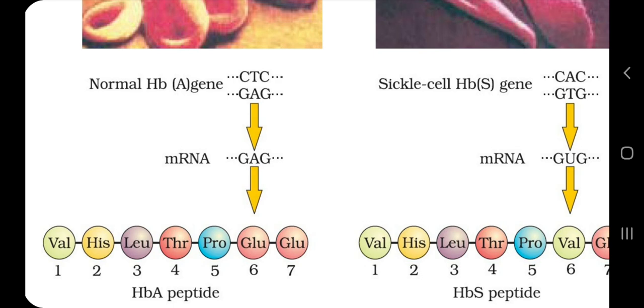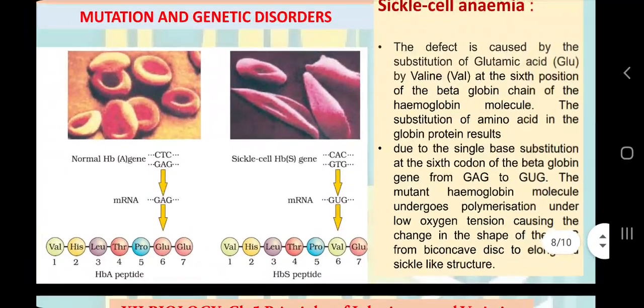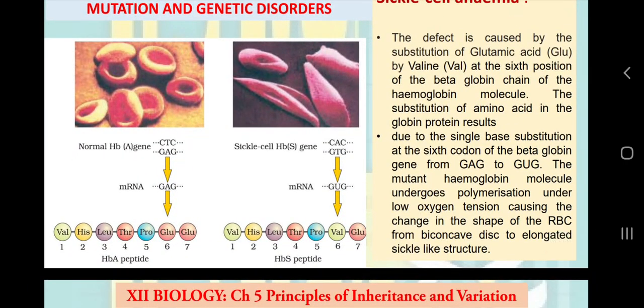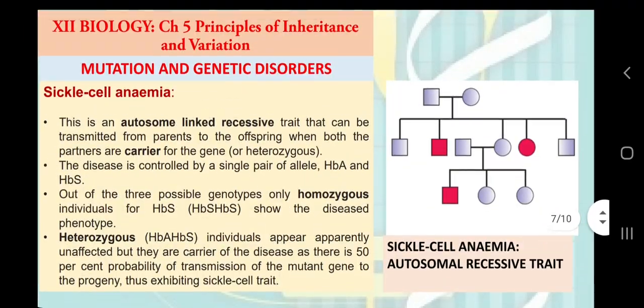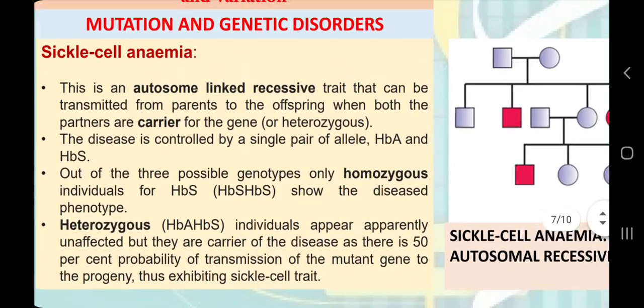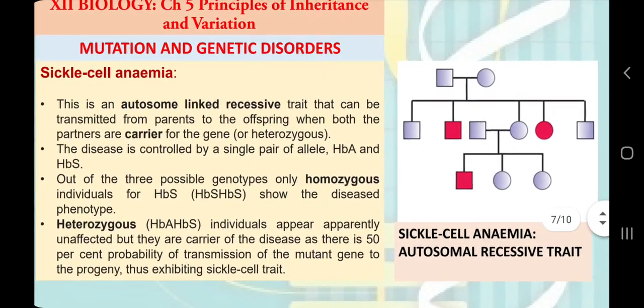What is that one change? I am again repeating, the 6th position is acquired by a different amino acid because of the change in DNA. Now because of this small change, the entire structure of hemoglobin changes, and the entire structure of red blood cells changes.